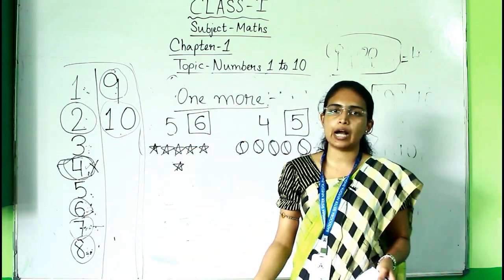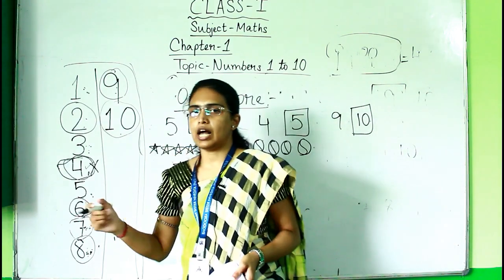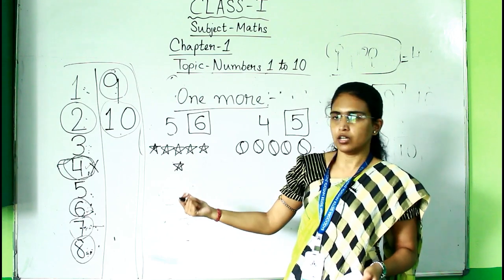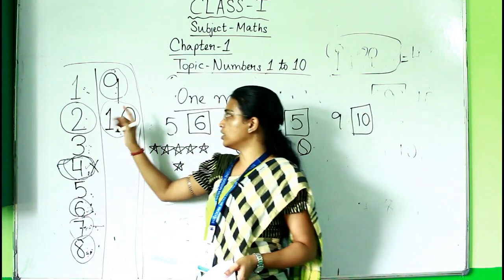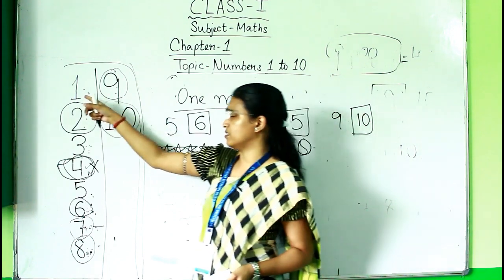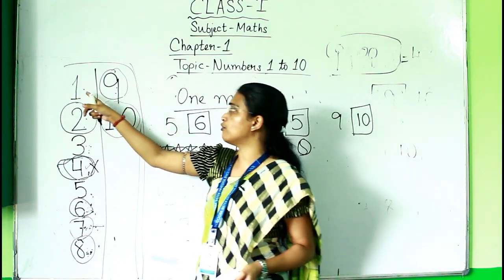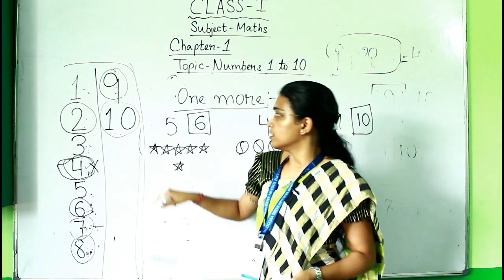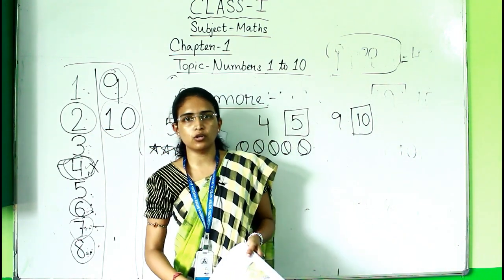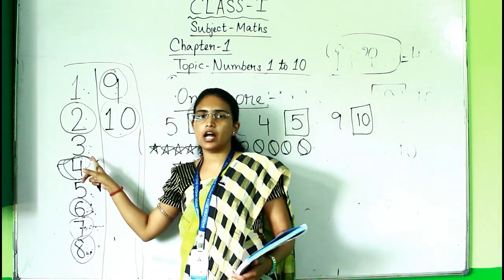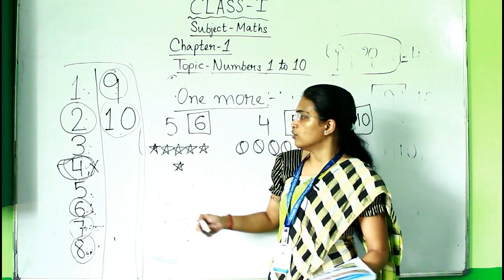Then we learned about their names. Like us, numbers also have names. Each number has its own name. Suppose 1. The number name of 1 is O-N-E. 1. 2. T-W-O. 2. 3. T-H-R-E-E. 3. 4.